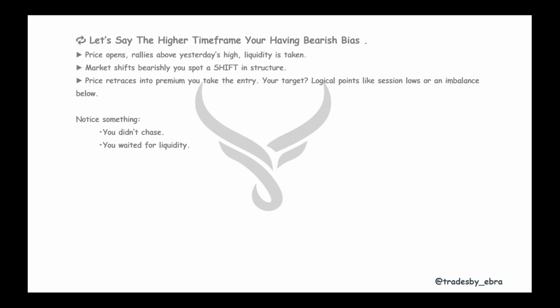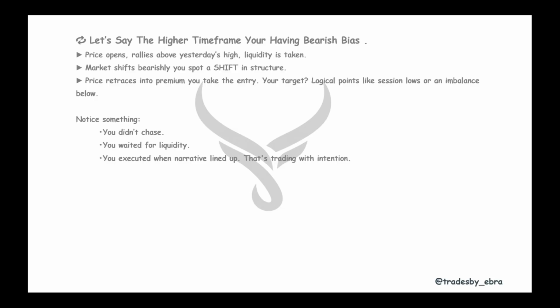Then price traded into that premium area, which was a daily inversion fair value gap that we saw, and then we executed when everything lined up with the narrative that the market is going to move to the discount, when it created the first swing high toward the reversal.